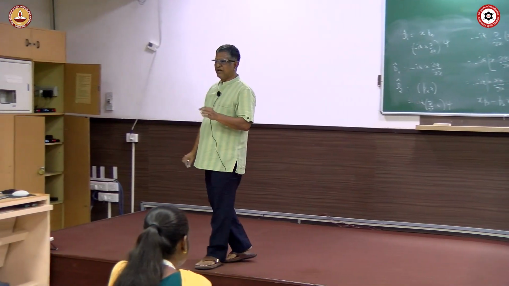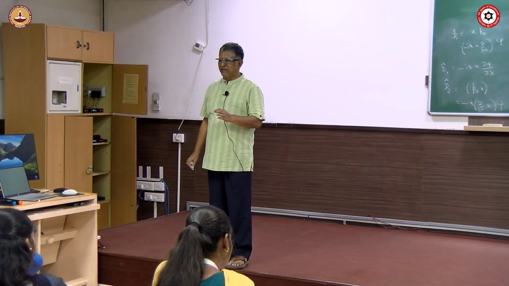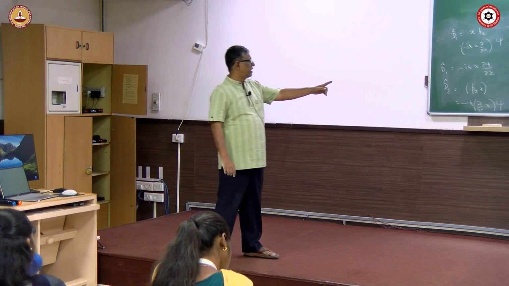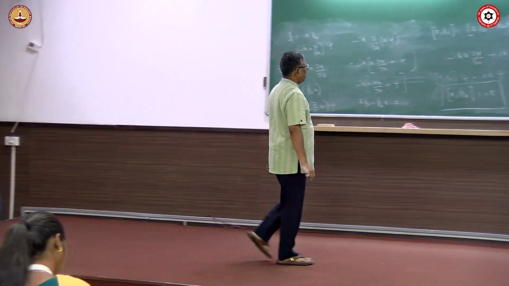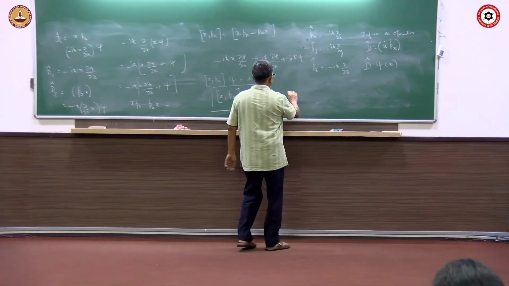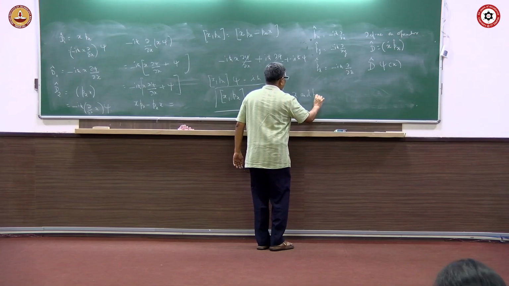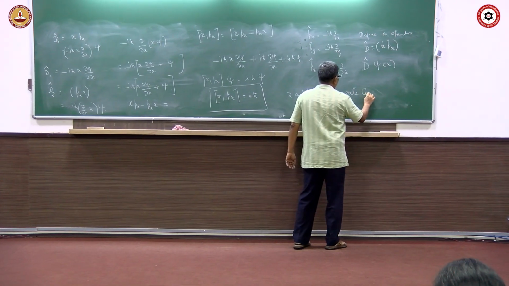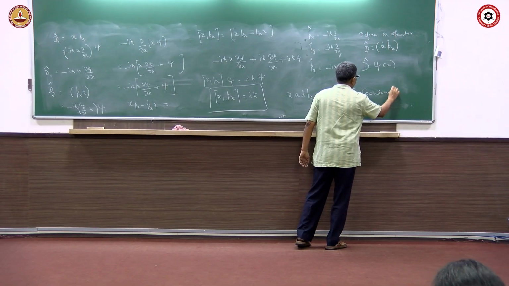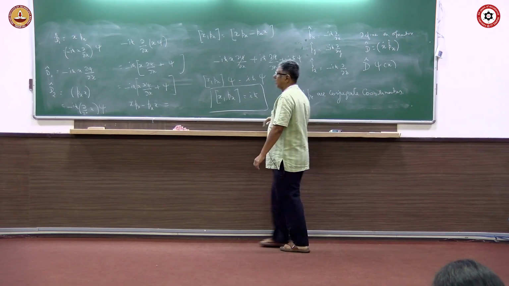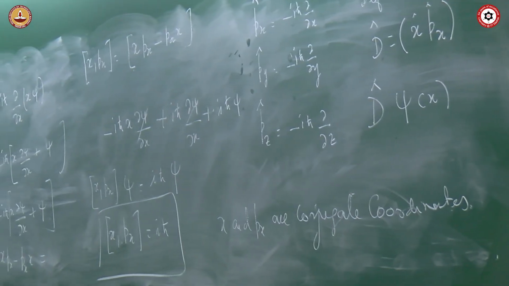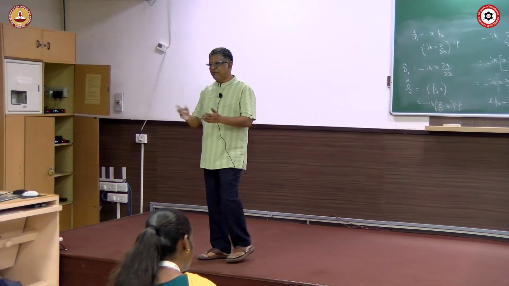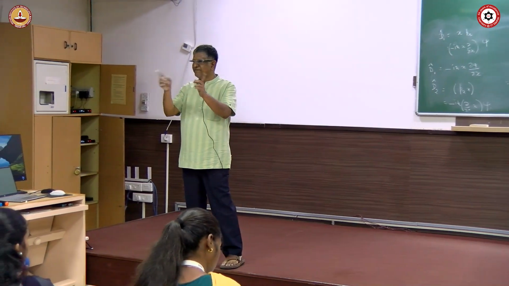I am sure you must have done this in your MSc. You have not done this. Okay, this is called the commutator [x, p_x], and x and p_x are called conjugate coordinates, canonically conjugate coordinates.